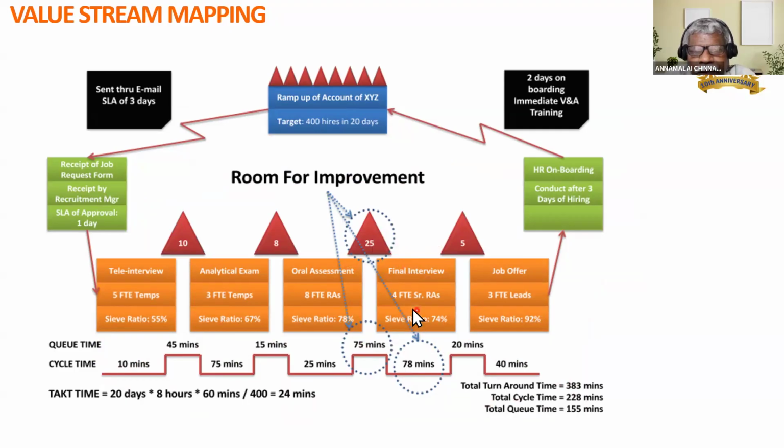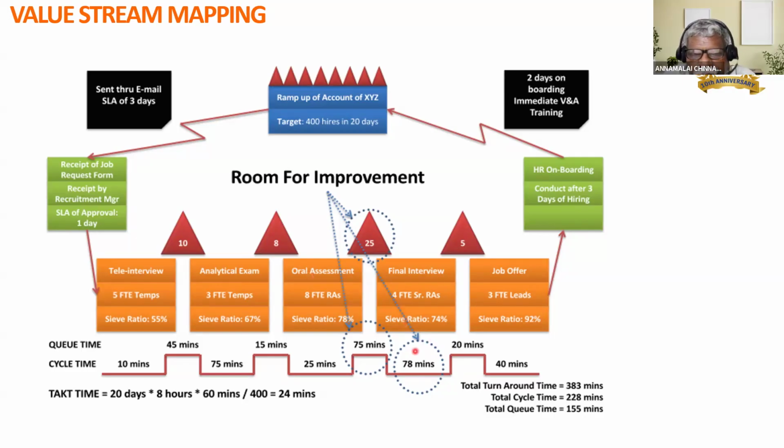Here you are identifying the final interview as the choke point, because it is the most inefficient sub-process. Then you focus only on that sub-process and split it into activities. At the activity level, try to identify which activities are not adding value to the customer. Then you take action, and your process will improve.